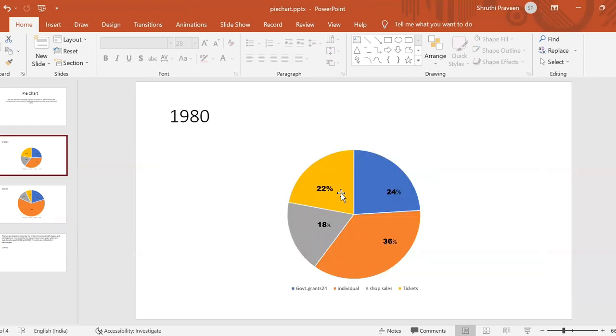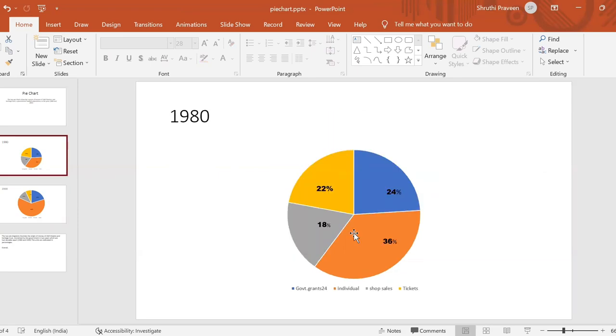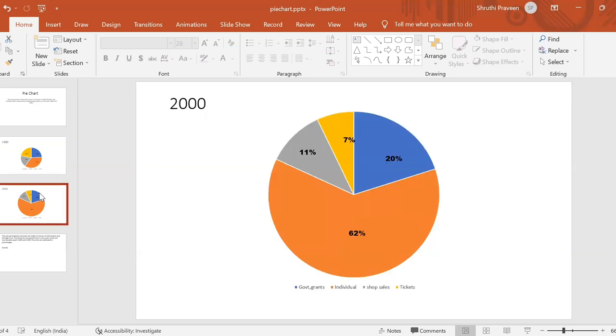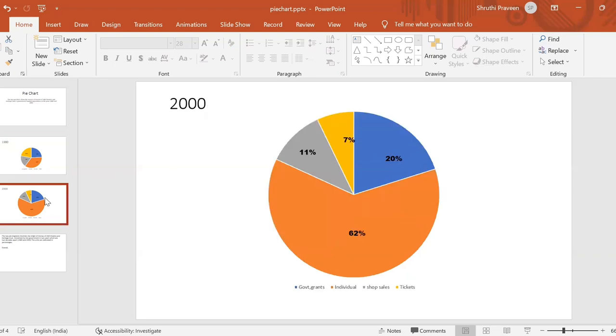And tickets, the income from tickets have actually reduced from 22% to 7%. The government funds have reduced marginally 24 to 20. And in the case of shop sales, again, it has marginally reduced from 18% to 11%.